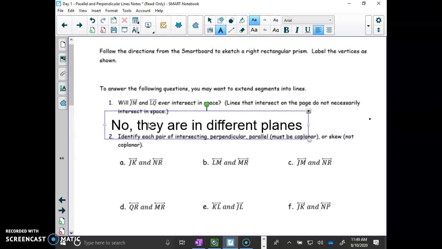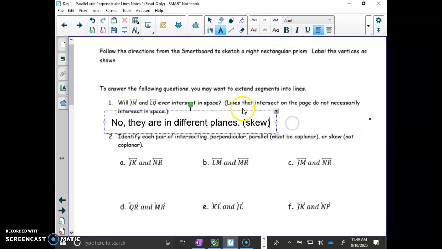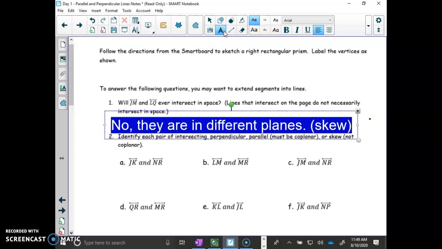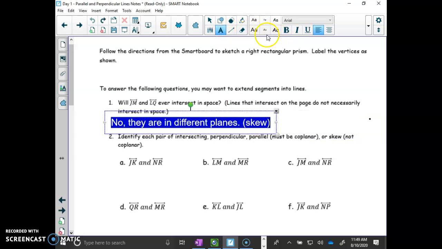Okay? The word for that is skew. Skew means that they're in different planes. They won't ever intersect. I think I'll put that in a different color text. I don't see that option though.